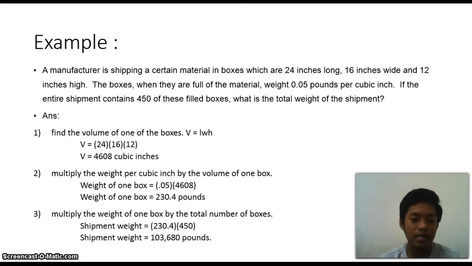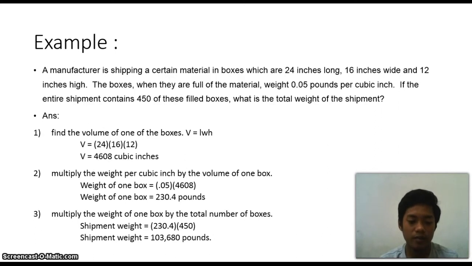Secondly, multiply the weight per cubic inch by the volume of one box. The weight of one box is 0.05 times 4,608 cubic inches, and the weight of one box is equal to 230.4 pounds. Finally, multiply the weight of one box and the total number of boxes.